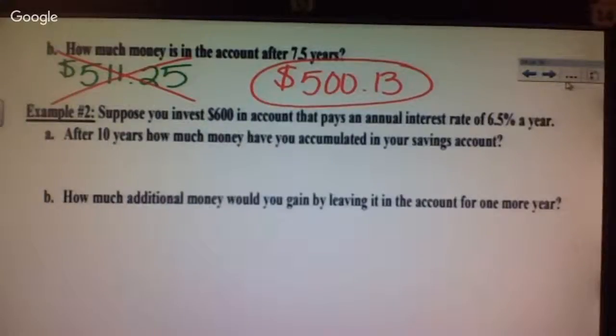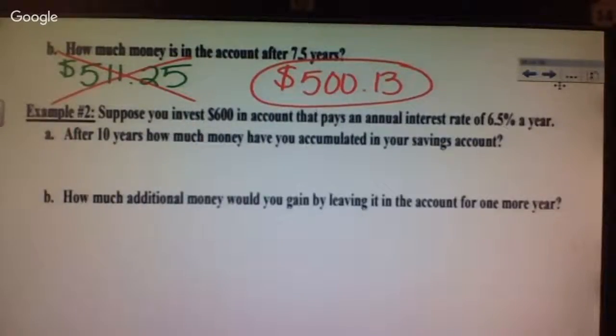Suppose you invest $600 into an account that pays annual interest of 6.5% a year. After 10 years, how much money have you accumulated into your savings account? What's my equation look like?